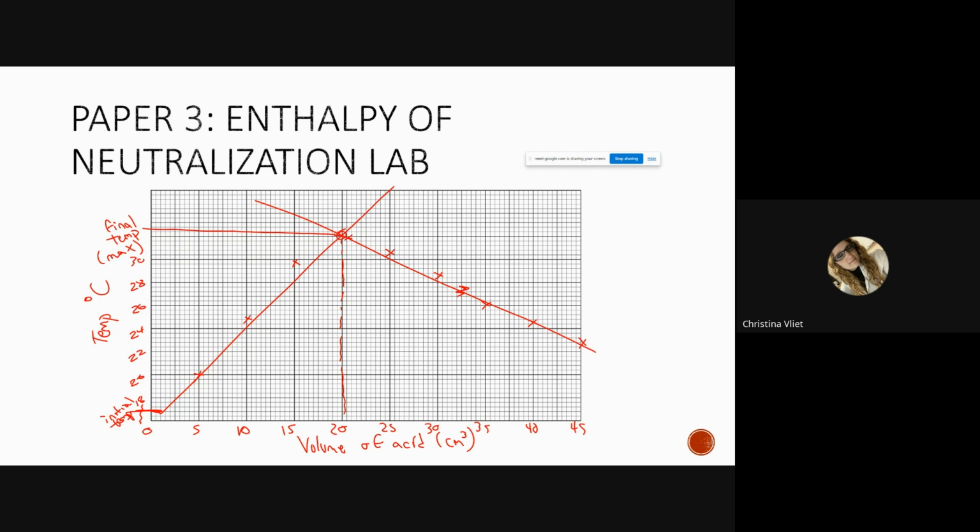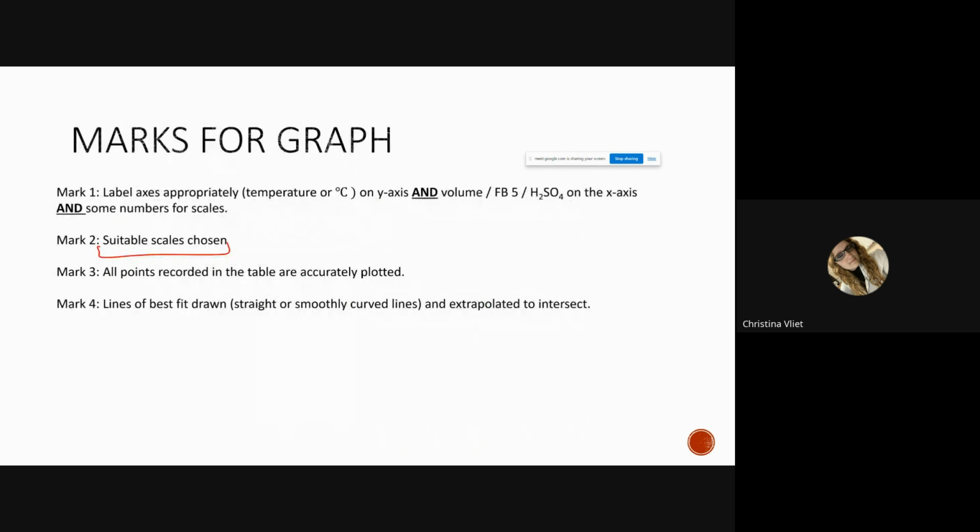So if, for example, you chose this to be 30 and your difference in temperature is here to here, you didn't choose your scales right. You have to fill with marks that fill at least half the page on both sides, volume and temperature, okay? So this is just an example of what that looks like for Mark 2.